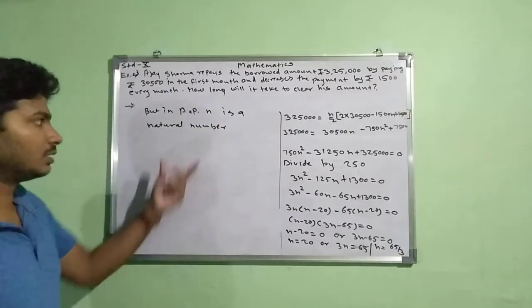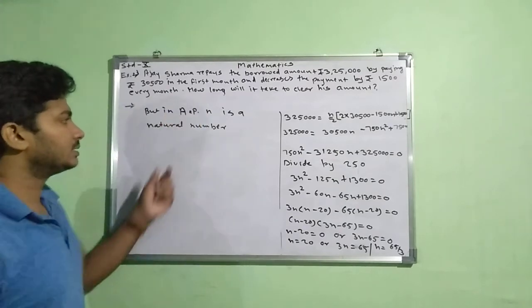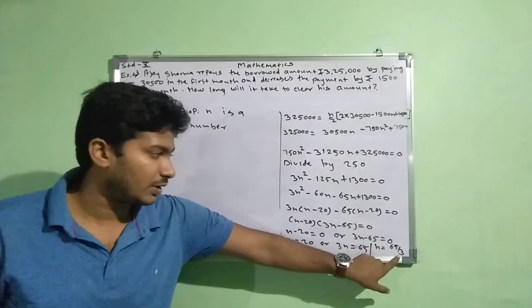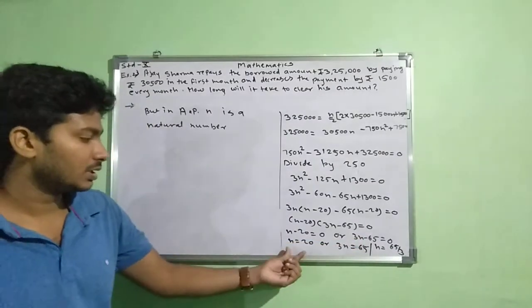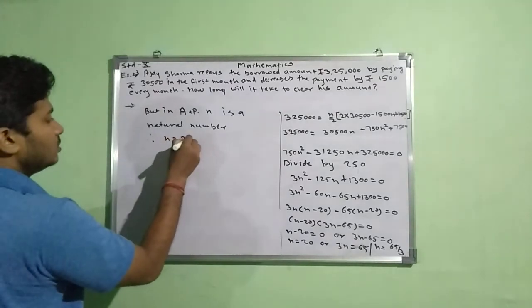We have seen that property of arithmetic progression, that n is always a natural number. But here we got n is equal to 63.5, which is a fraction. So n is equal to 20 we will consider.